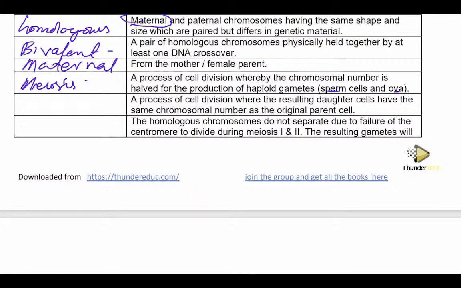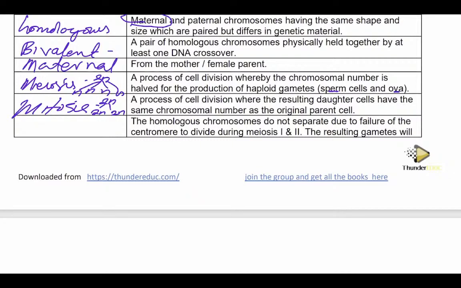So basically the major difference between mitosis and meiosis: meiosis starts with 2N and ends with 1N. In mitosis, you start with 2N, you end with 2N. Mitosis results in 2 cells, meiosis results in 4 cells. Mitosis has the same genetic composition. Meiosis is different because of crossing over.